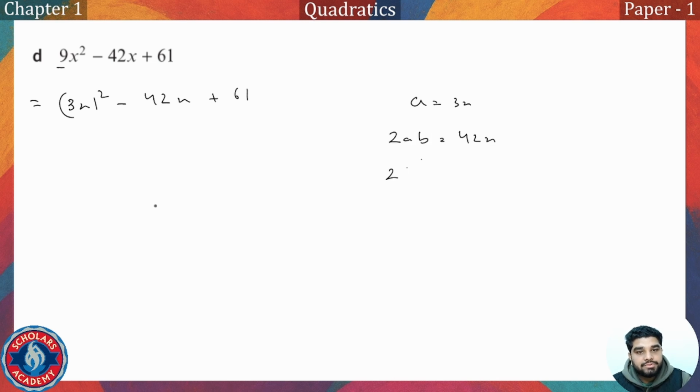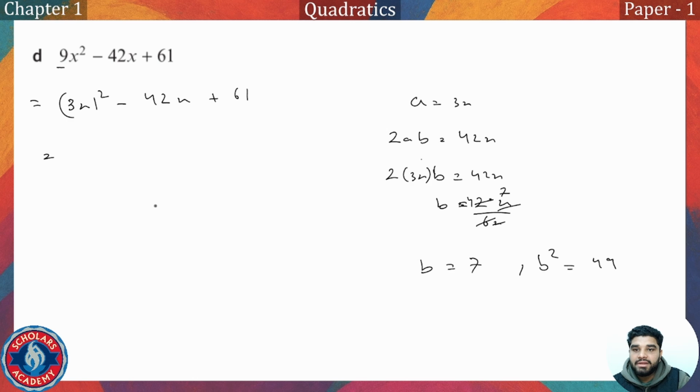It means 2 times 3x times b is equal to 42x. b is equal to 42x over 6x. So we get b as 7. b square is 49. So we get (3x) whole square minus 42x plus 49 minus 49 plus 61.